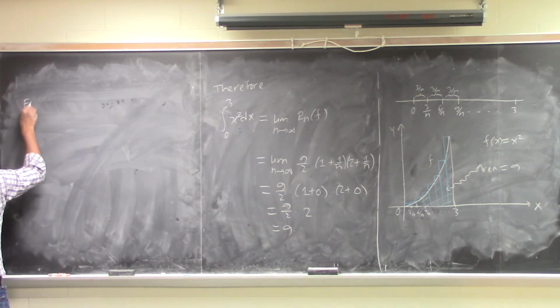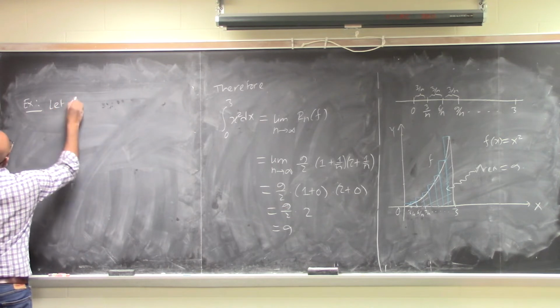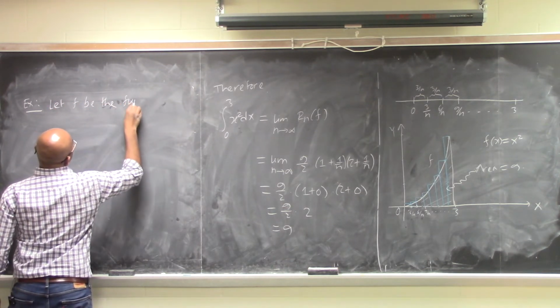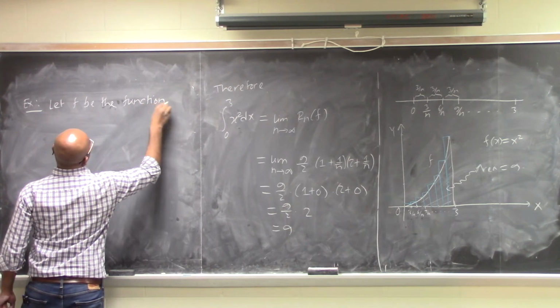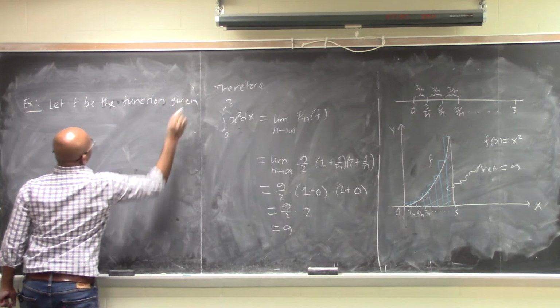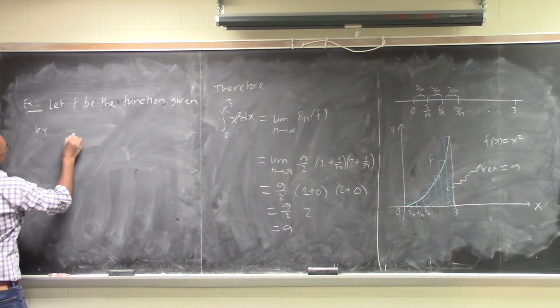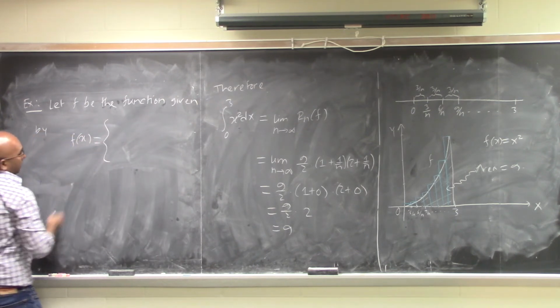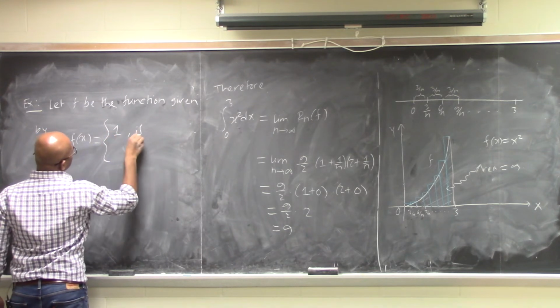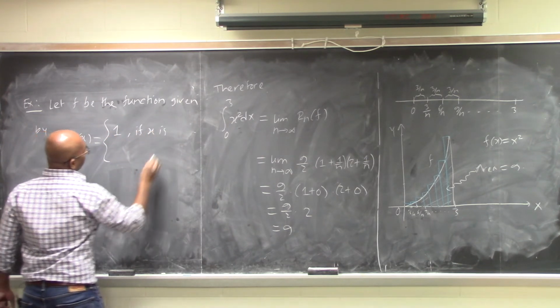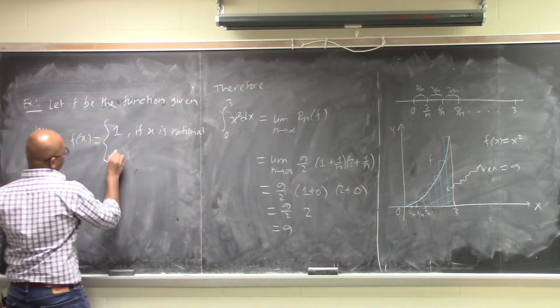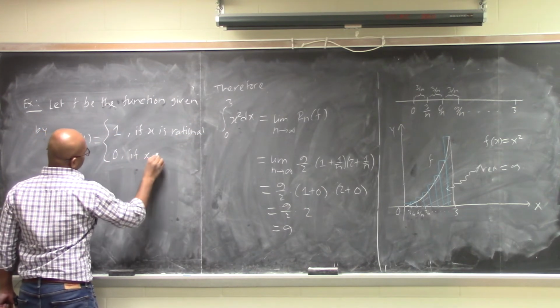Example, let f be the function given by this rule: f of x equals, this is a very famous function, 1 if x is rational and 0 if x is irrational.